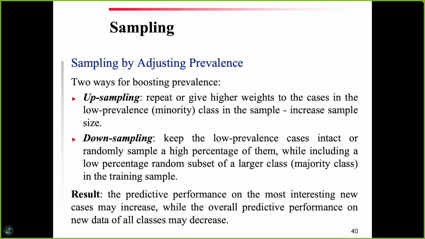So you either increase the number of your minority class cases, or you can reduce the number of majority class cases. Now, how do we know which one we have to use? For example, if you have a very large data set and you care about your training cost, will you use upsampling or downsampling?